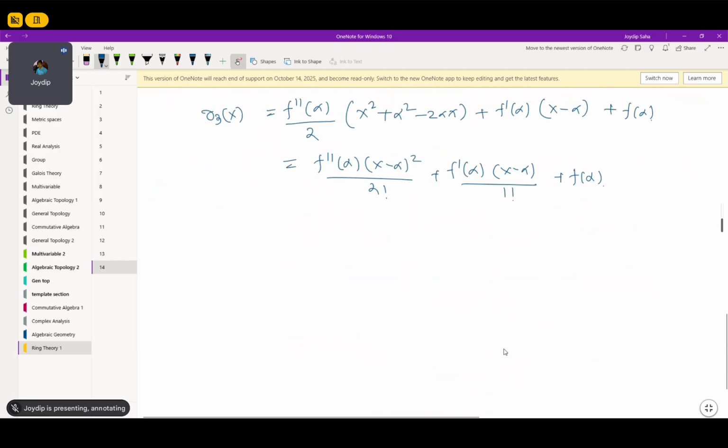So by induction we can see that this is n minus 1, f n minus 1, rn.